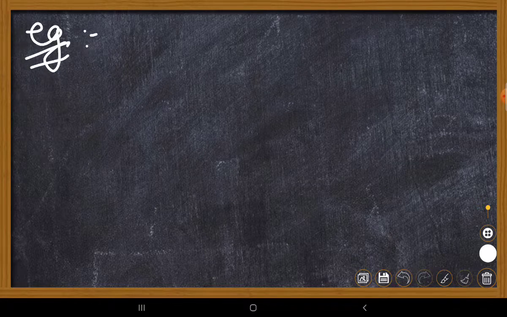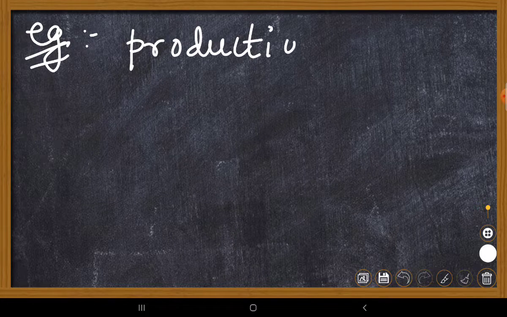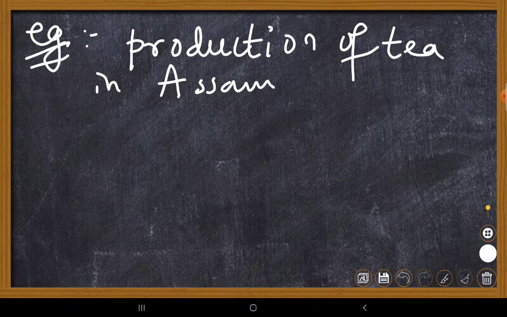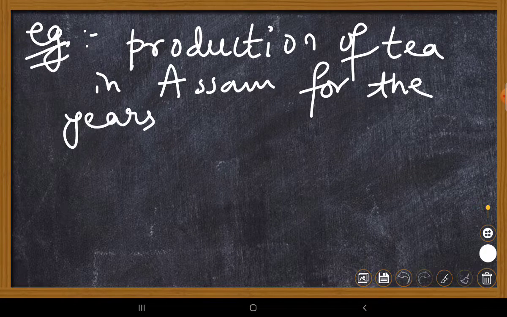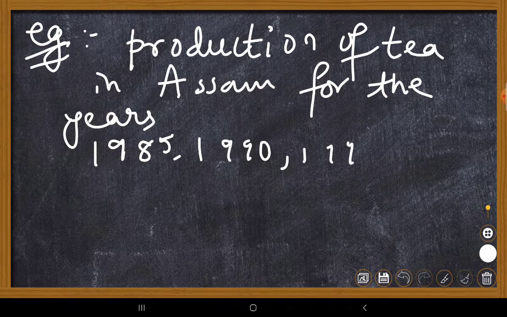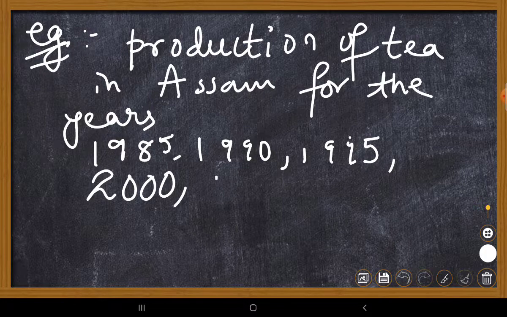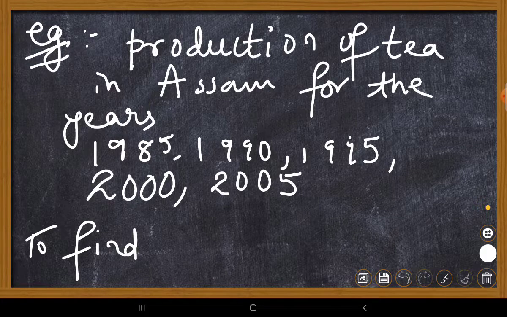Suppose we are given the data for the production of tea in Assam for the years 1985, 1990, 1995, 2000, then 2005.